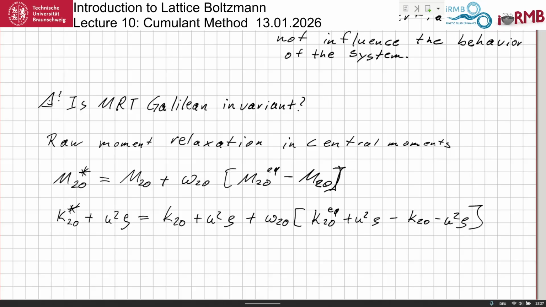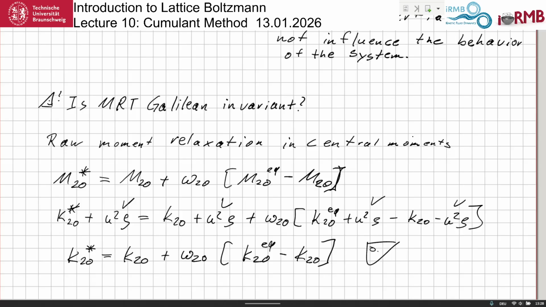Is this correct? So now what we observe is we can eliminate this here with this here, and this here with this here. So what comes out is K20 after collision is equal to K20 plus omega 20 (K20 equilibrium minus K20), and now we can be happy.